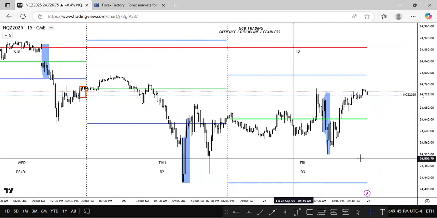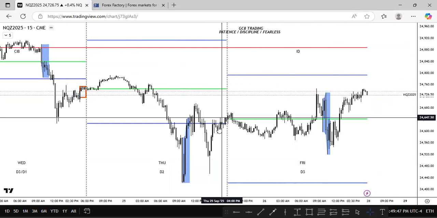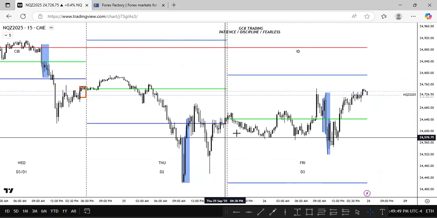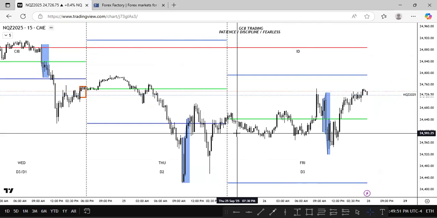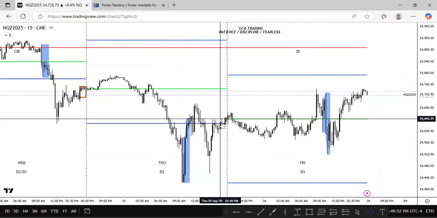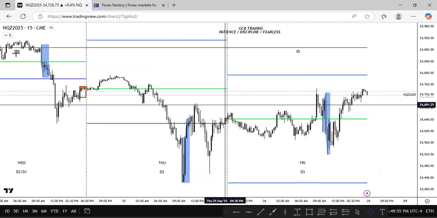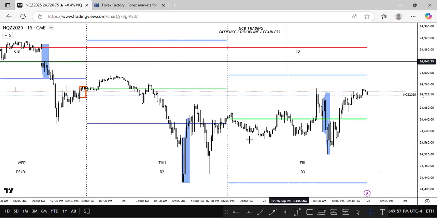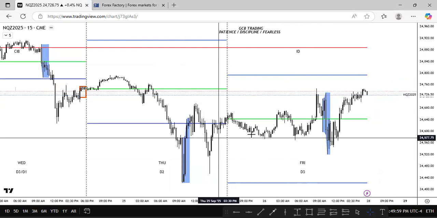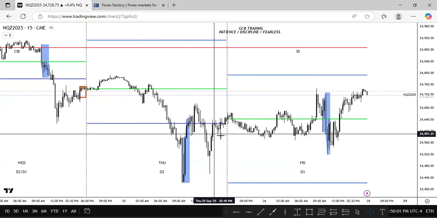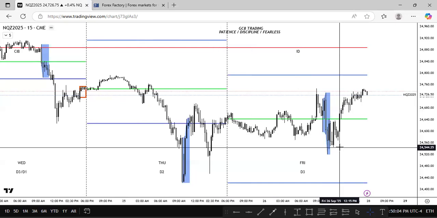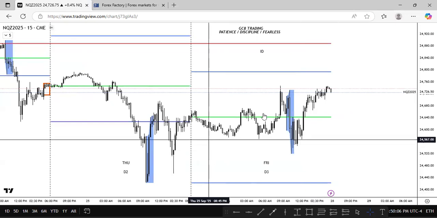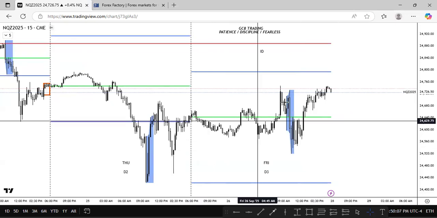I did not get a daily signal. What do I do? It doesn't go on the watch list. If you're somebody that's looking at NQ and you're looking for a closing breakout or inside day signal, it doesn't go on your watch list because you did not get that daily signal. Now, did it break out on the day?